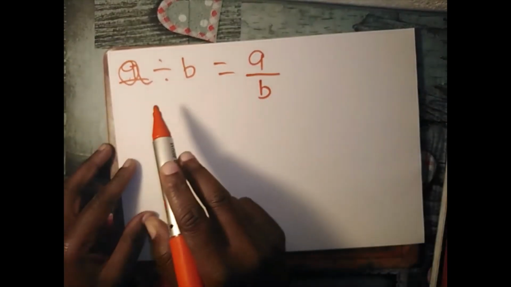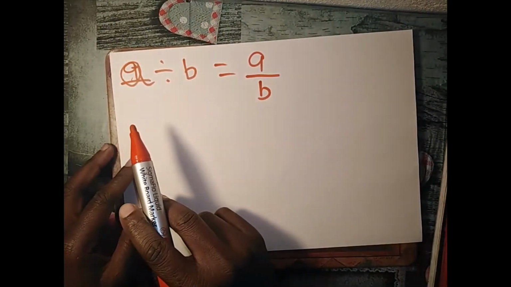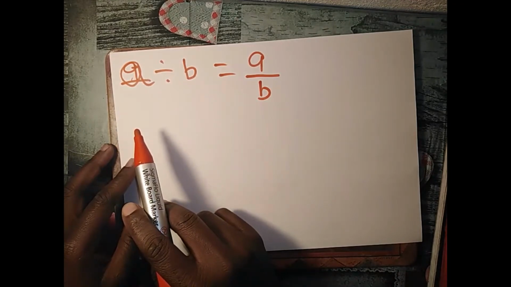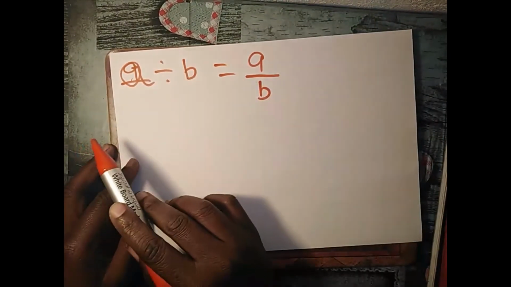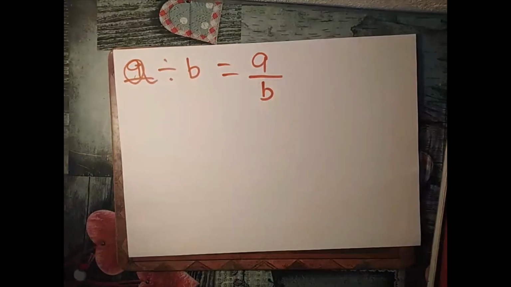So this and this is one and the same thing exactly. So the division sign and over is the same thing. So now let's jump straight into examples so that we can see what it is that we need to do.